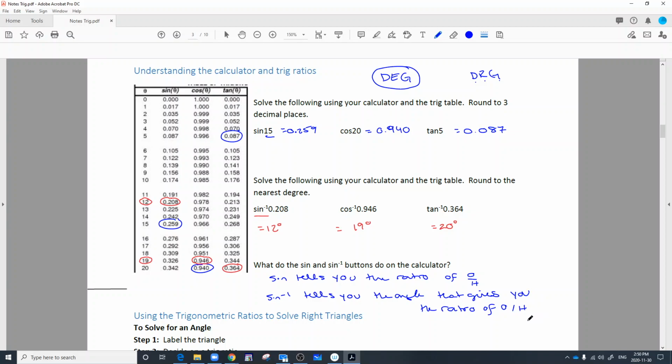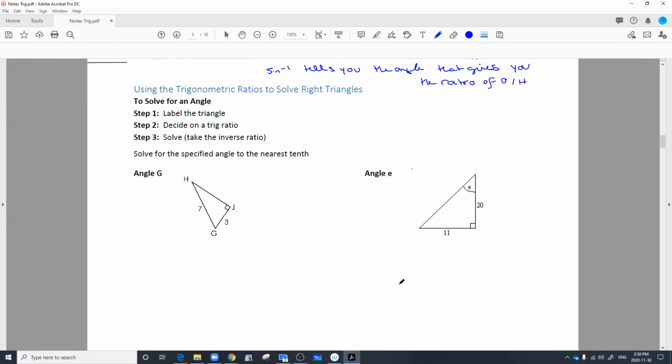Okay, so that's the difference. When you hit sine, it's giving you the ratio for that angle, and the inverse sine is giving you the angle for that ratio.